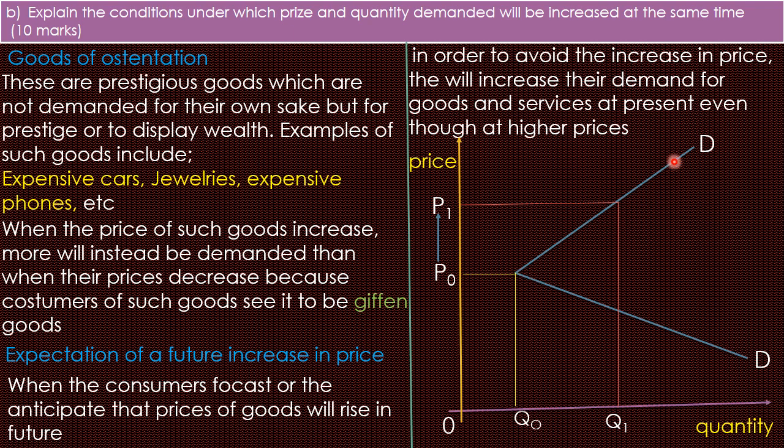So this is the case of an abnormal demand curve in the case of goods of ostentation and Giffen goods. So put in the comment section what are Giffen goods. So friends, this is how the curve looks like. The quantity demanded has to increase from Q0 to Q1. So friends, this is how you can score all the 10 marks awarded for this question.